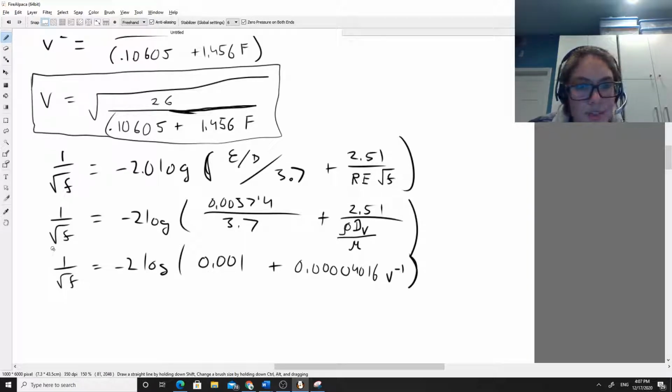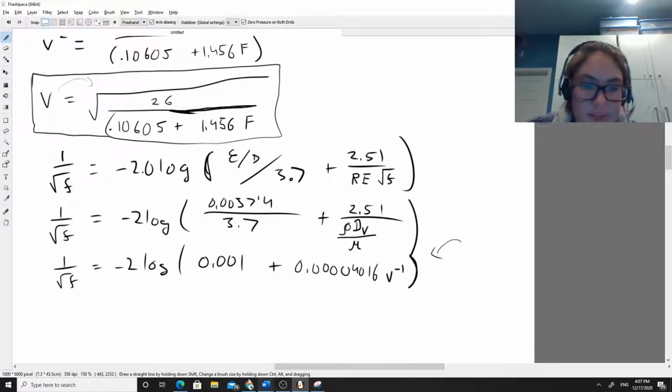And if you solve for these two equations by plugging V, this guy, into here, you can go ahead and find what F is for real and what V is for real. And you're going to come up with the same number.